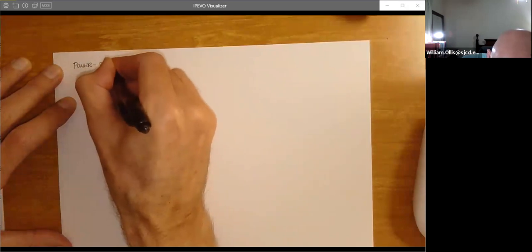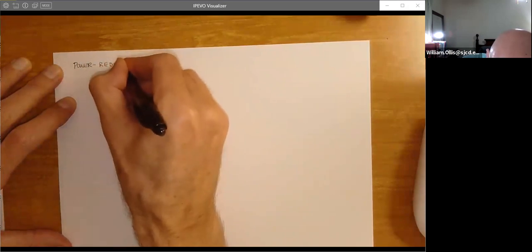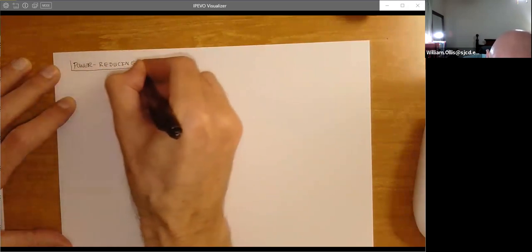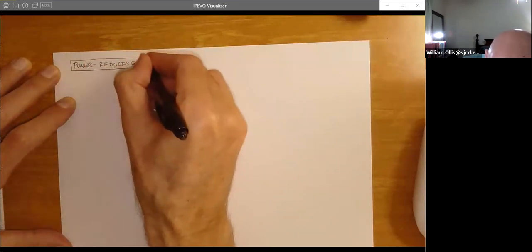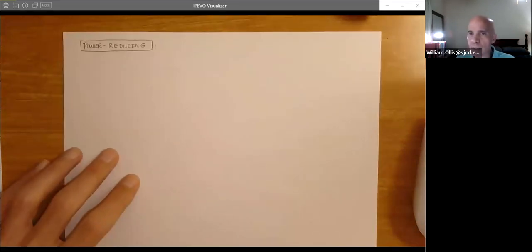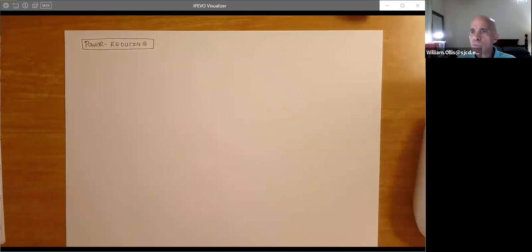And this is going to use the cosine of the double angle. Like I said before, when we're doing the calculus, integrating even powers of cosine and sine, not a lot of fun. So we need a way to reduce the power.